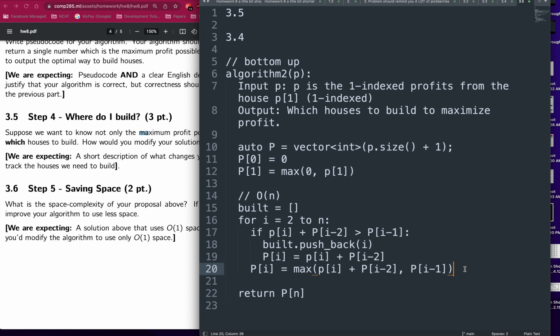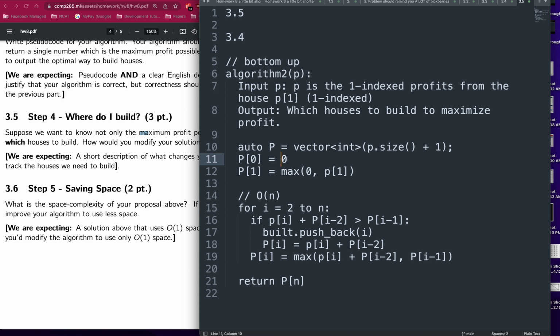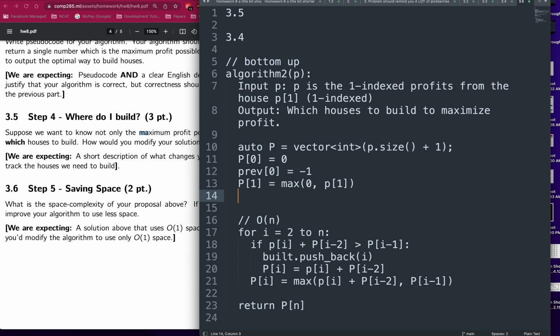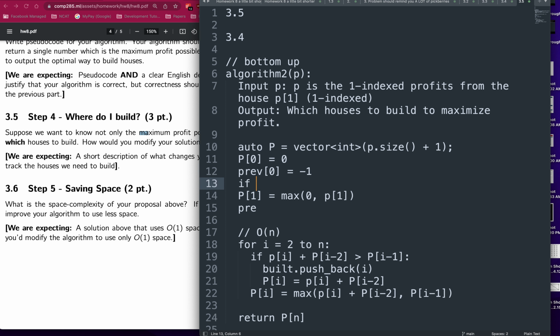The issue is that's for Pi. So I think we're actually going to need to keep track of a pref again. Pref is where did you come from, given that you built at the end. It's going to be similar to P, but we're going to call it pref and set all the values. The pref of 0 is going to be -1. Here we can change this to an if statement.